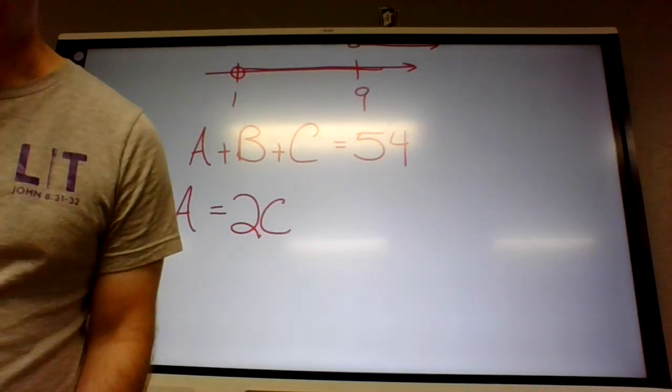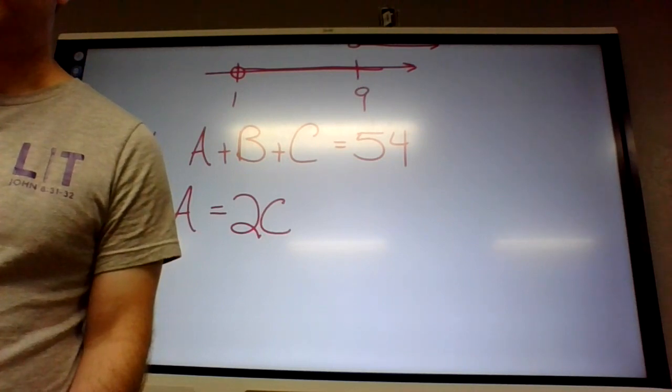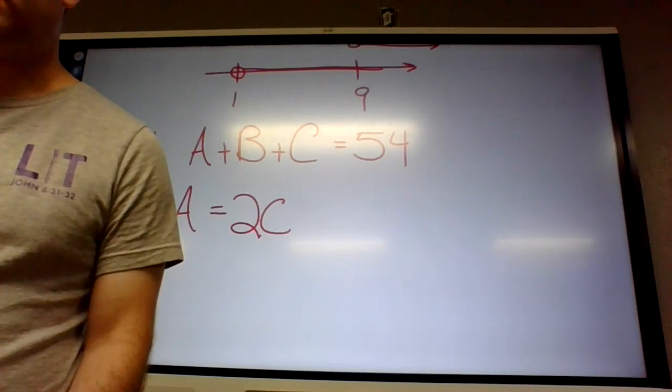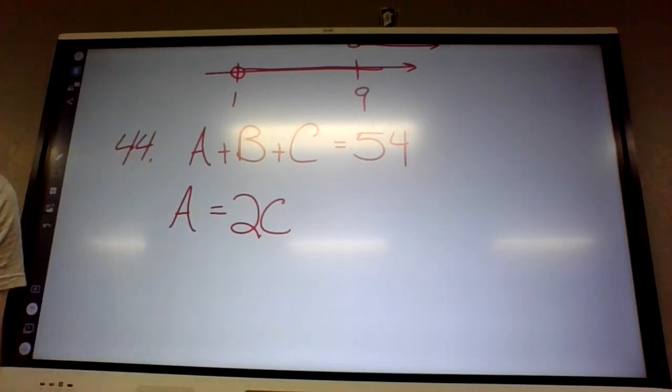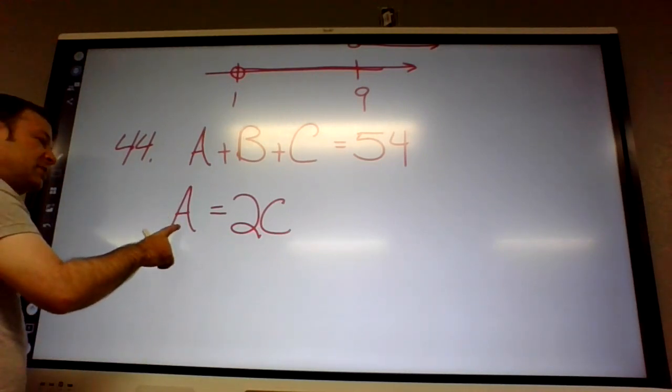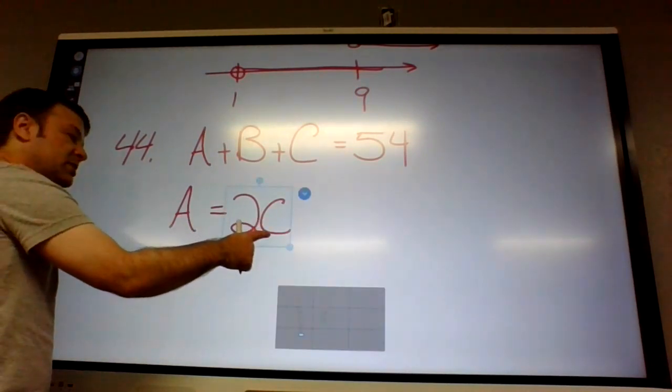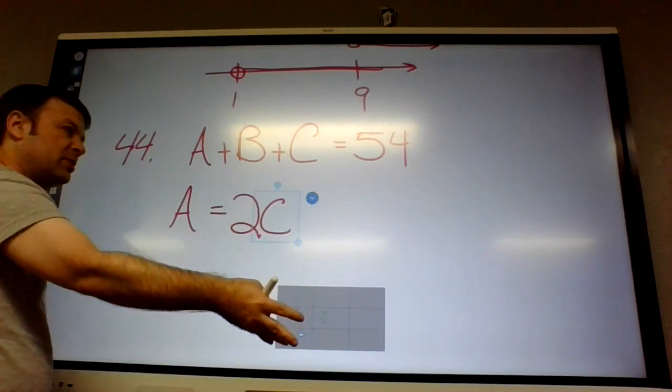Okay, and then it says, and the other number, so what must I mean by the other number? It says the largest number is twice the smallest, and the other number, what's the other number?